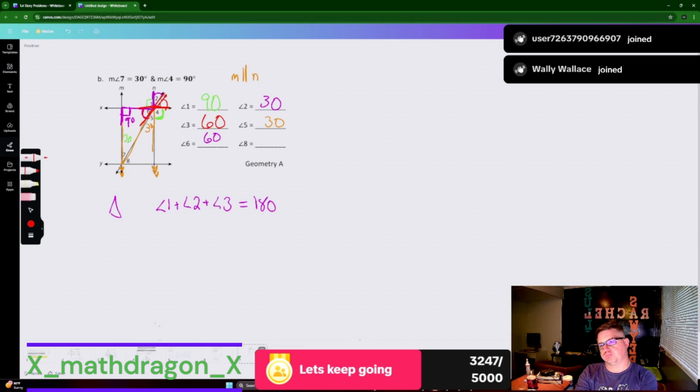No. Man, I think you're going to have to know that X is parallel to Y as well. Because if you don't know that x is parallel to y, then you can't say this is 90 degrees to show that angle 8 is 60 degrees as well.